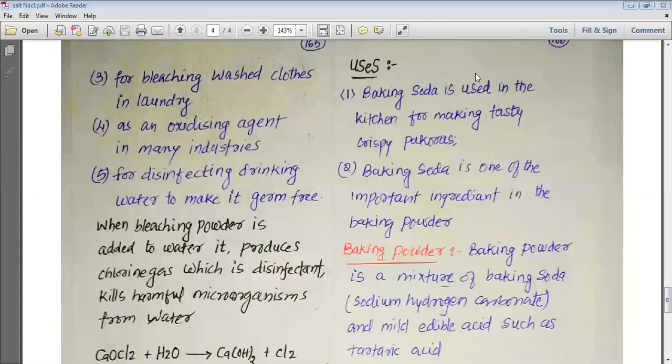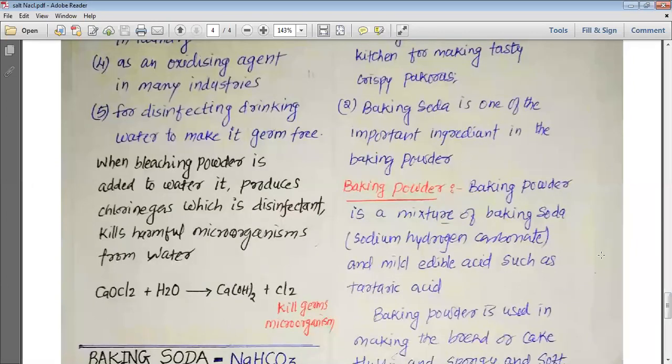The various uses of baking soda that we can see: it is used for making crispy pakoras. Baking soda is used for making tasty crispy pakoras. Baking soda is also one of the important ingredients in baking powder.